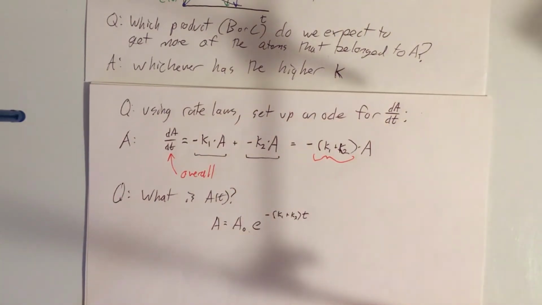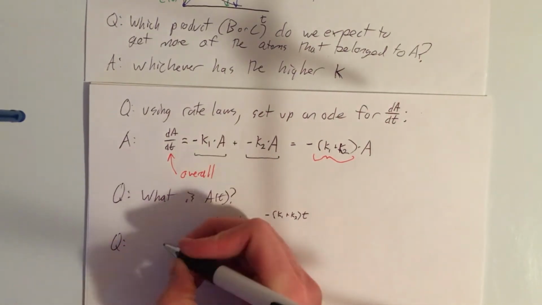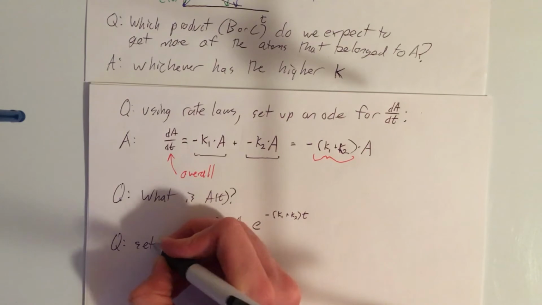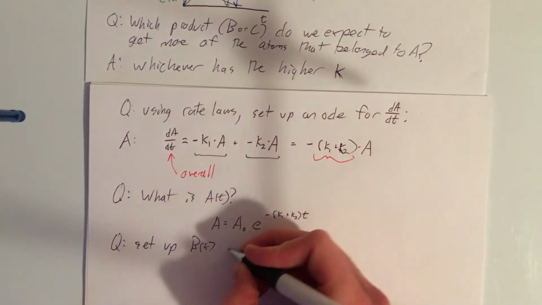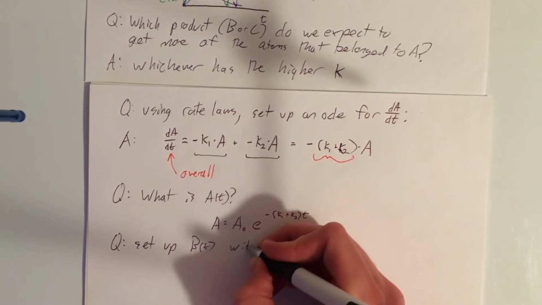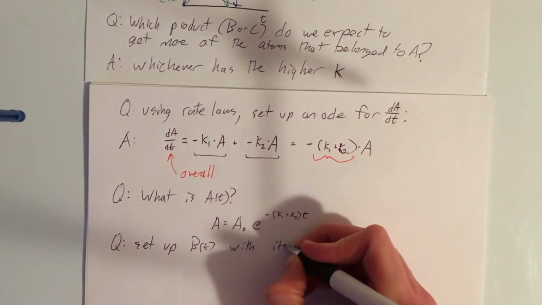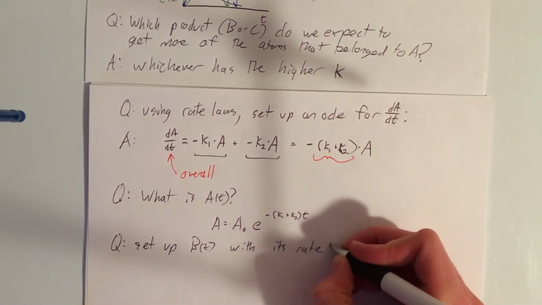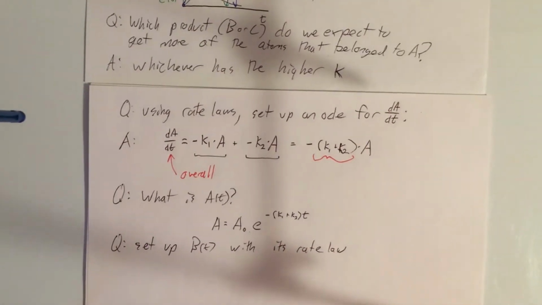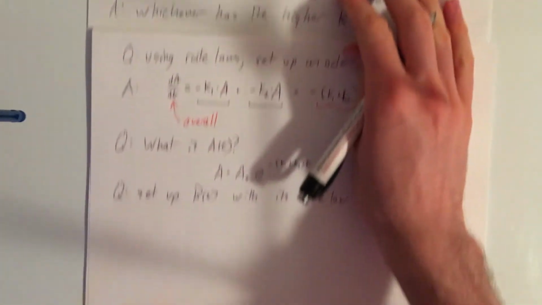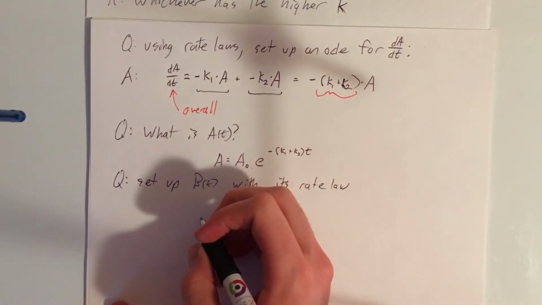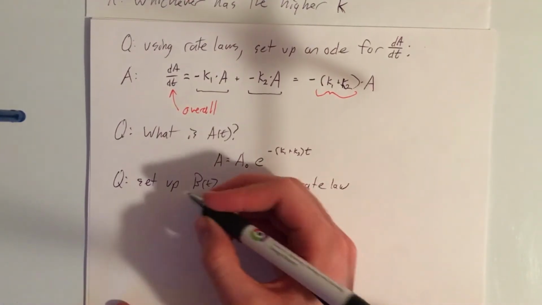All right, so moving on. The next question is, set up B of T with its rate law. So pause the video, take a moment to do that. All right, welcome back. We'll do dB dt.